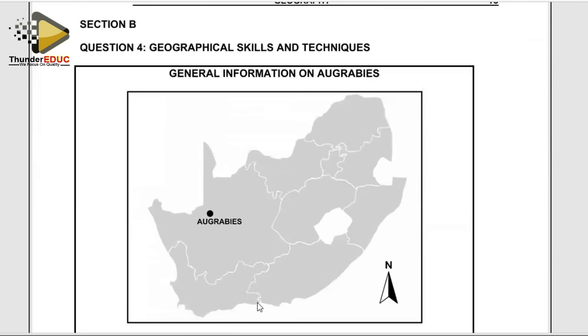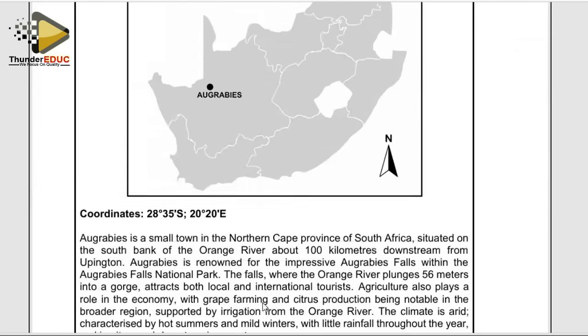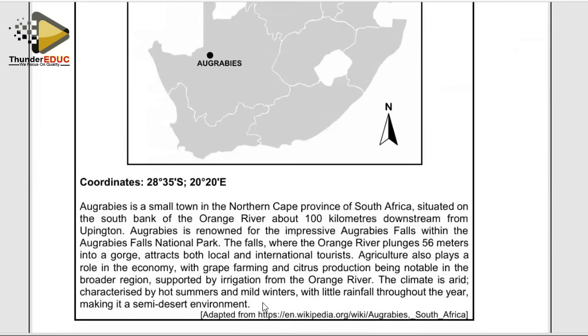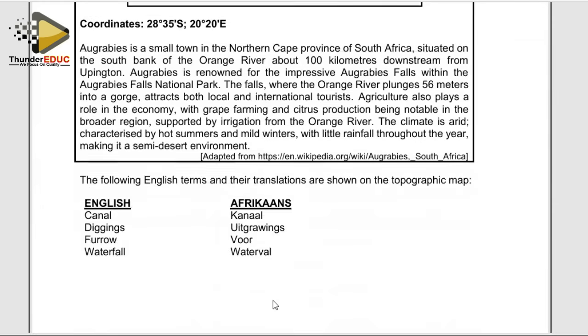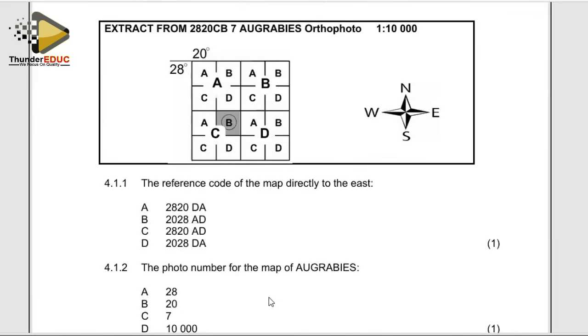Our map is based on the map of Agrabis with those coordinates 28 degrees 35 minutes to the south and 20 degrees 20 minutes to the east, and that map information provided there. Right, let's look at the map questions. The first question is saying the reference code of the map directly to the east.